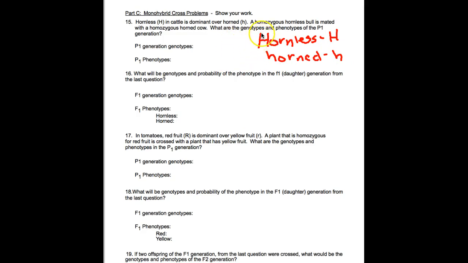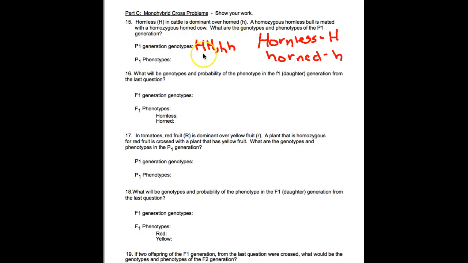And so the parent generation, the genotypes of a homozygous hornless bull, the genotype is going to be hornless, big H, and it is mated with a homozygous horned cow, little h.